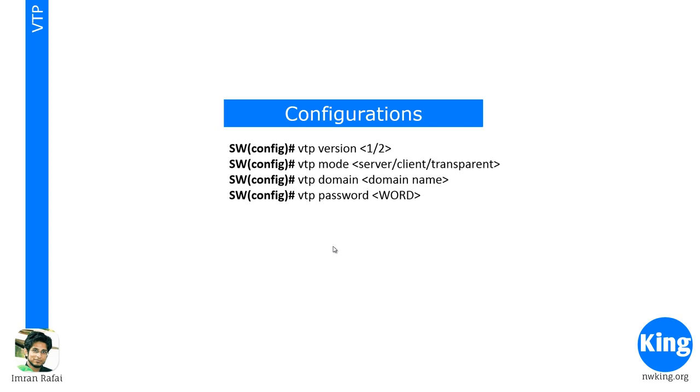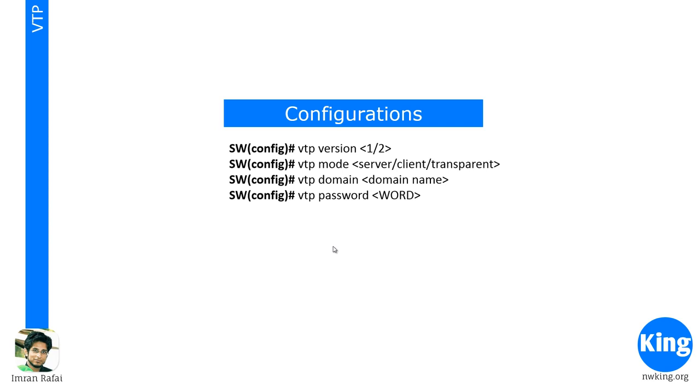We discussed how we have different modes for VTP: server mode, client mode, and transparent mode. When a device is in VTP server mode, that's the device where you can make changes like adding or deleting VLANs. A VTP client will not be able to configure directly. You will have to configure the VLAN database from the VTP server, and that will replicate to all the VTP clients.